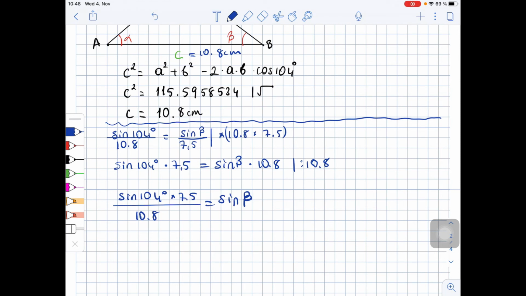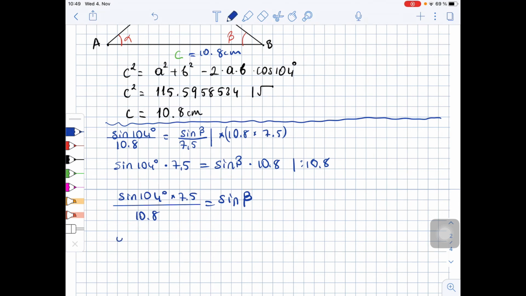Actually when you use this feature in your calculator, the beta goes over here as a variable, and every single thing over there, we know it, right? So every single thing over here goes here when you use this feature. How do I write it?